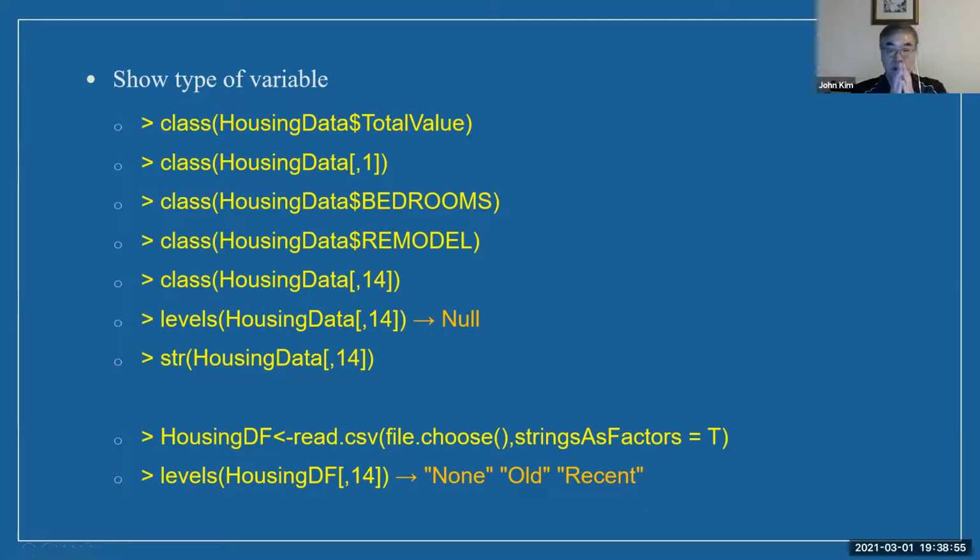In Excel, we can change the text data categories to numerical data, like none equals 0, old is 1, recent is 2, something like that.